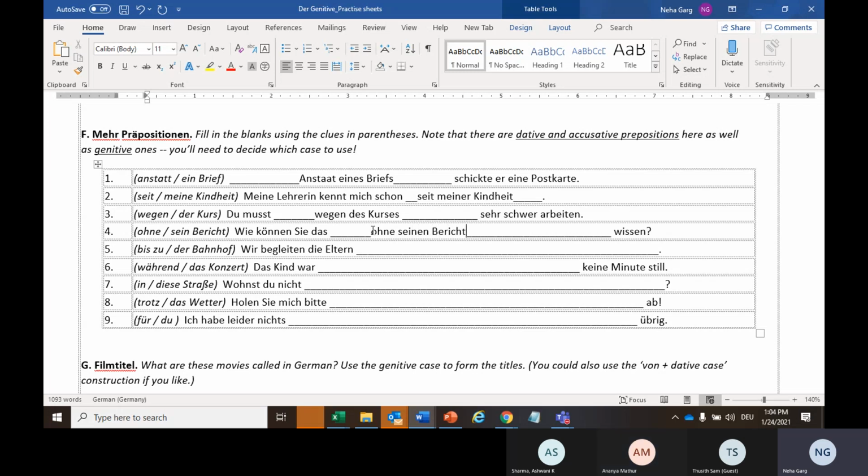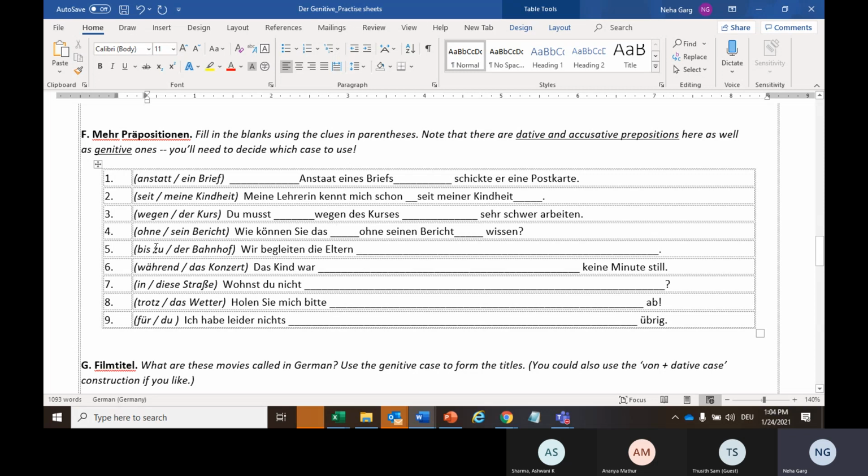Was bedeutet das? How can you know without his, I'm not too sure what Bericht means. This is like report or information. There are many meanings basically. It means story also. Okay. How can you know without his report? Story, or report. Okay.